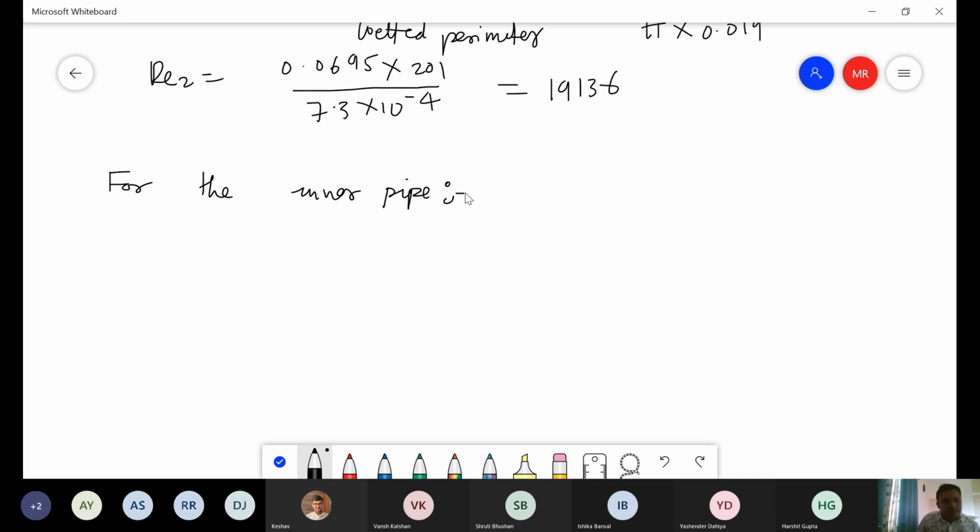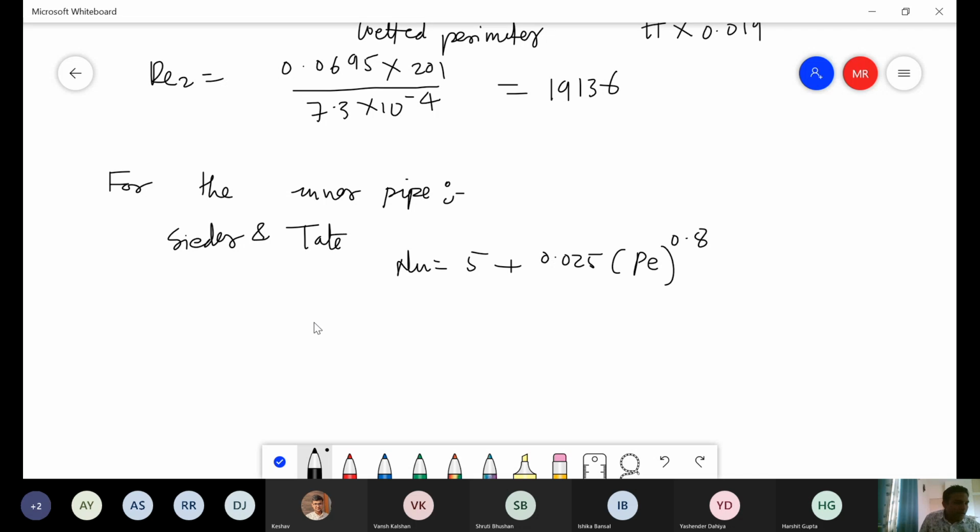If you remember the last class, for the liquid metal, the correlation is given by Seban and Shimazaki. So what was the correlation? The Nusselt number was given as 5 plus 0.025 into Peclet number raised to the power 0.8. This was the correlation given, isn't it?